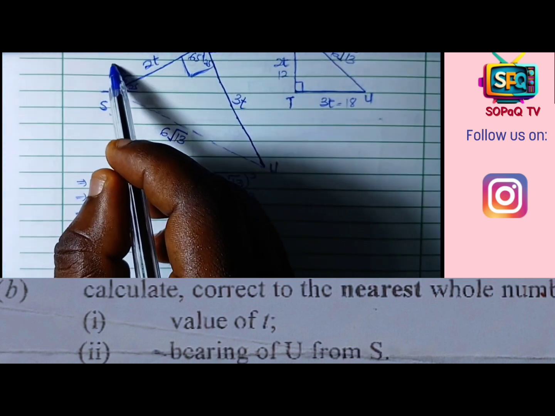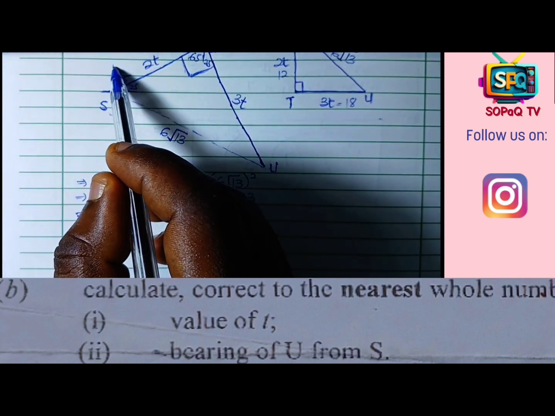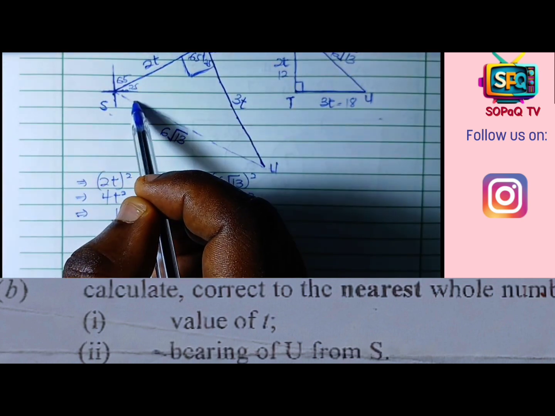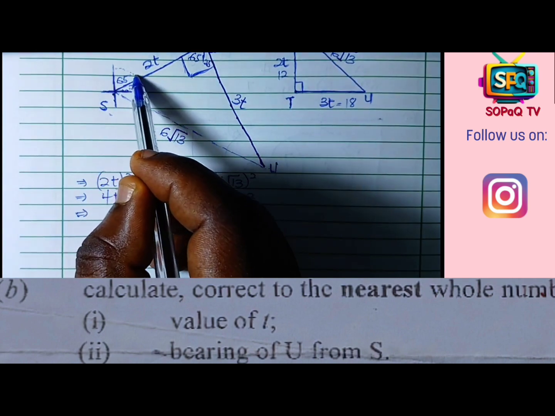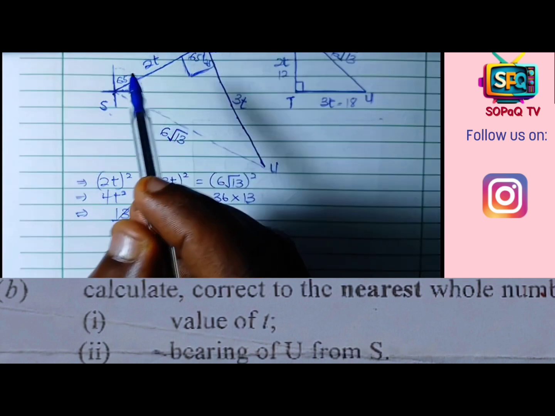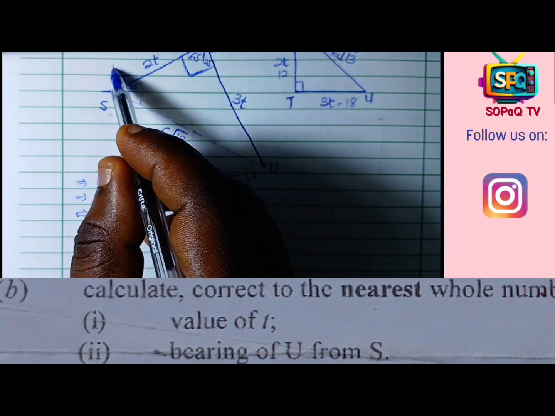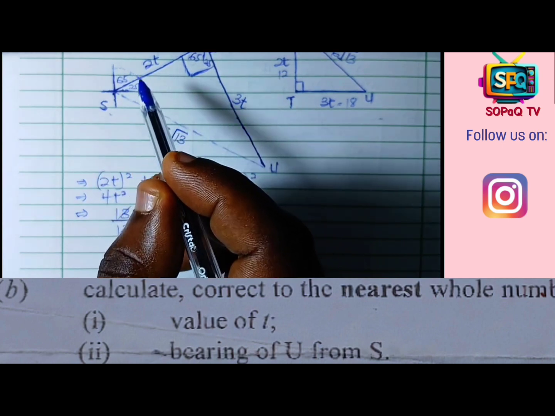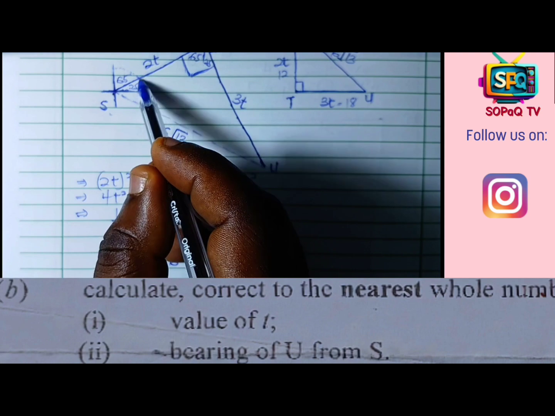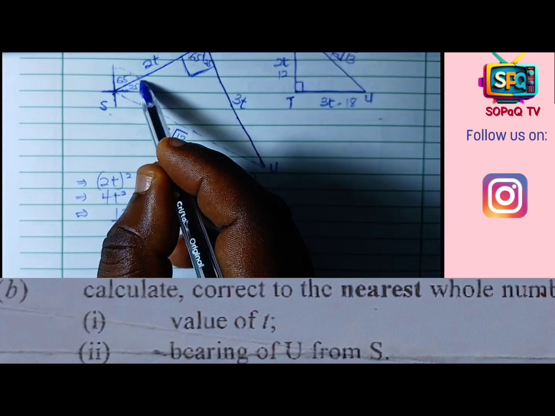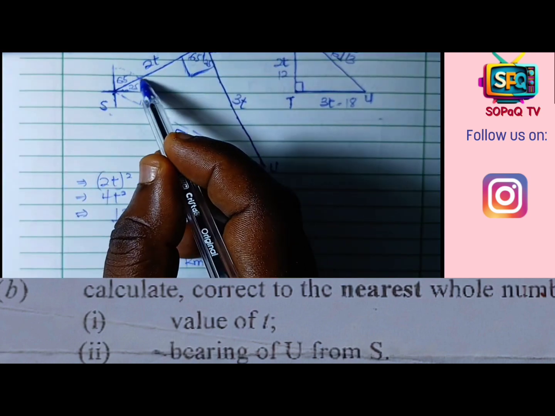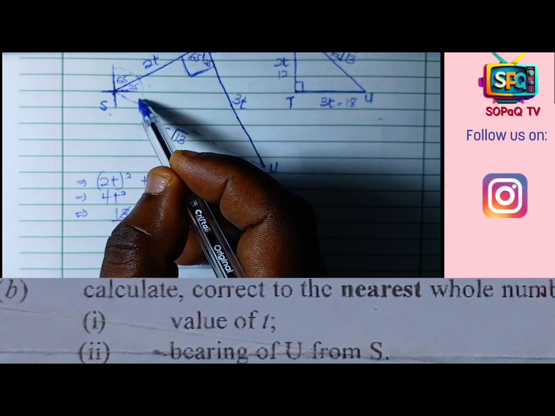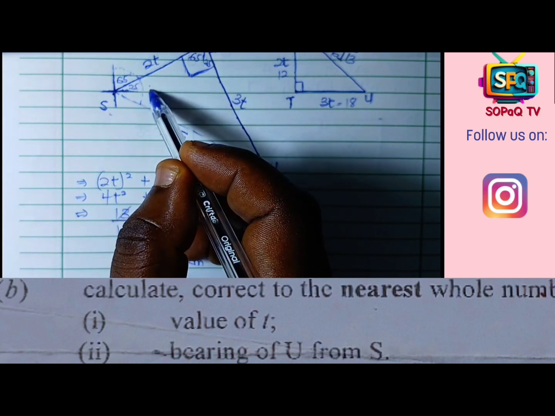We always read from the north through the clockwise direction. So whilst reading, we already have the first angle given, 65. This one is partially given, but we are not going to focus on that one. But we can let the angle from this end to this end be theta.